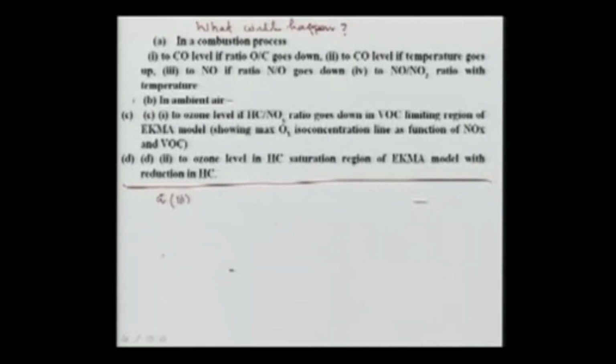So the question is, what will happen to NO if the N by O ratio goes down? If my N by O ratio is going down, what is happening?